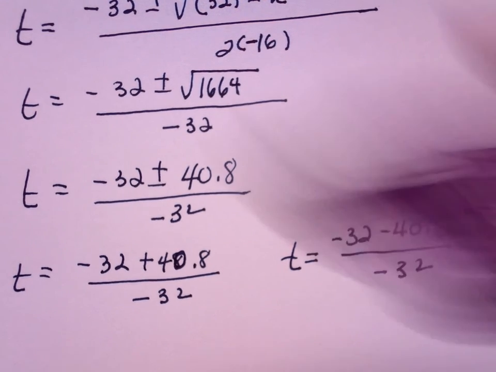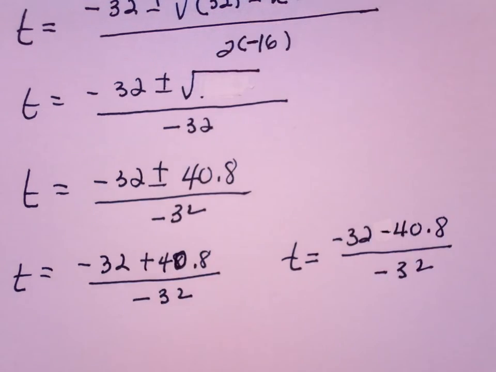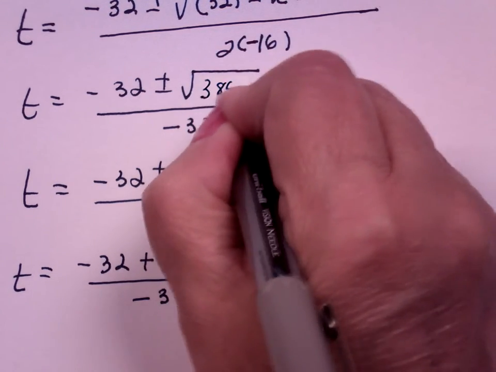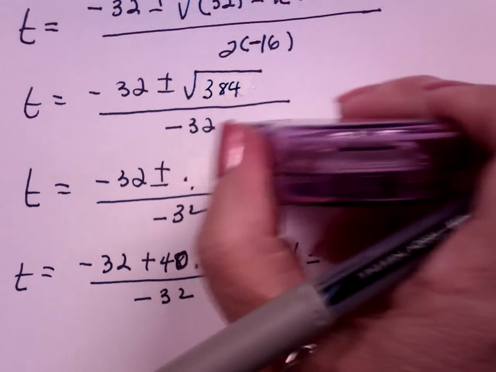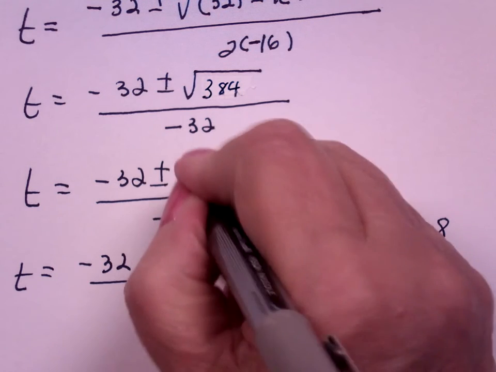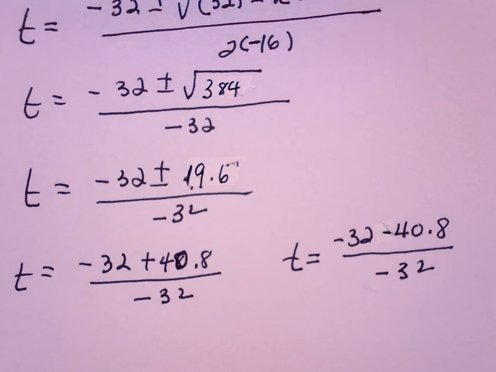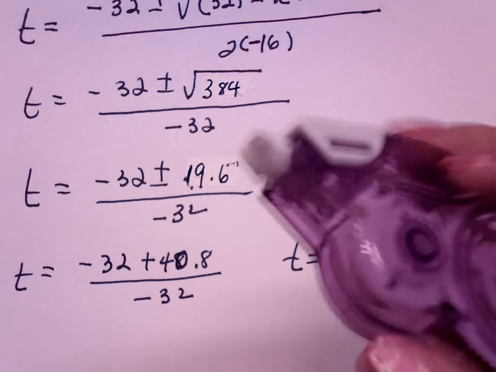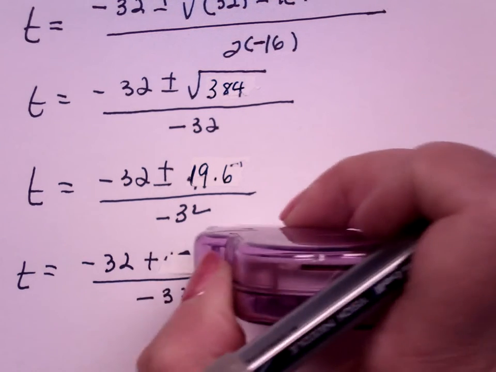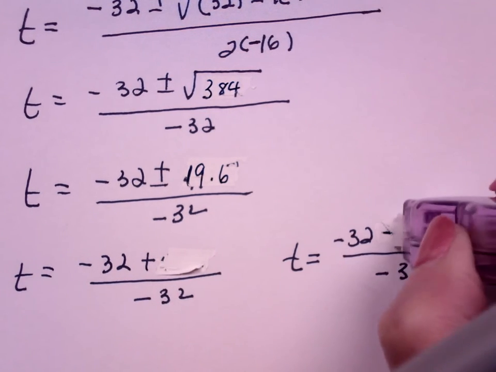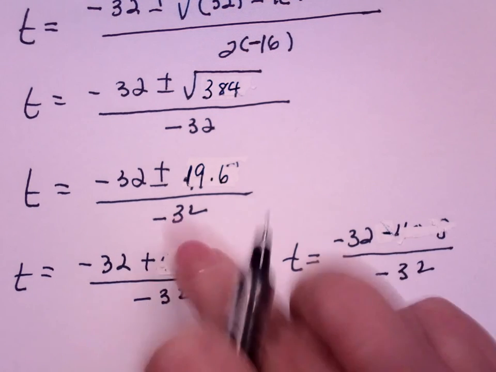So she's right. And then what is the square root of 384? 19.6. And that looks right, right? Well, I don't know if it looks right, but certainly I'm going to have the right signs.